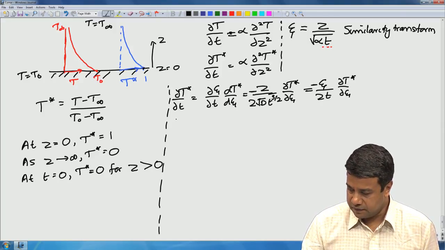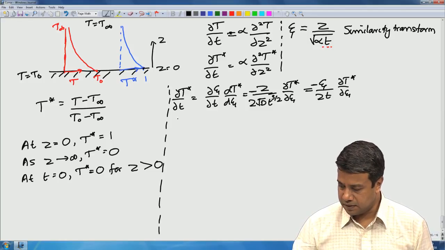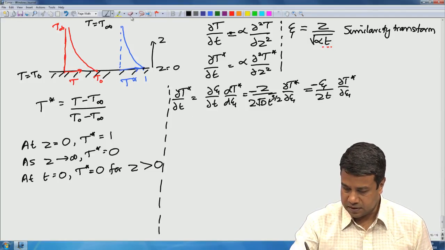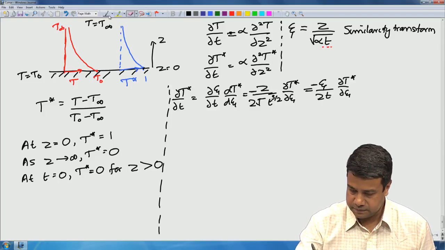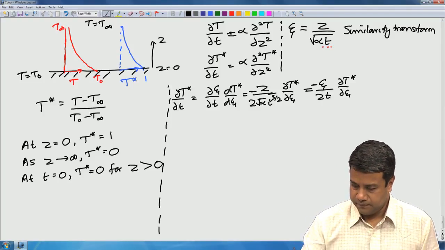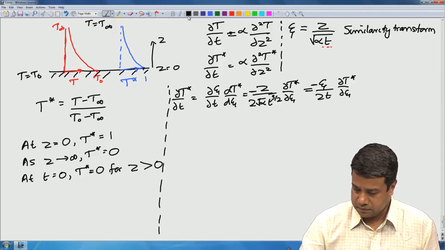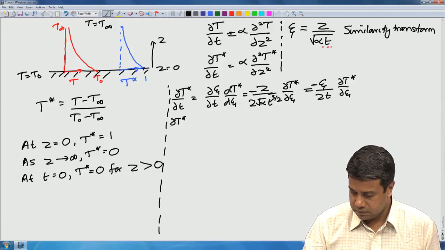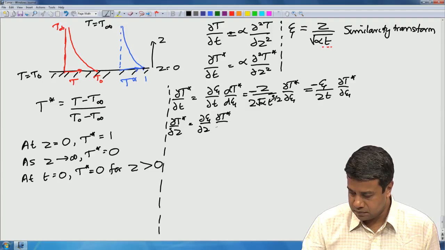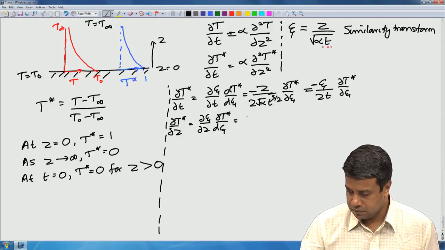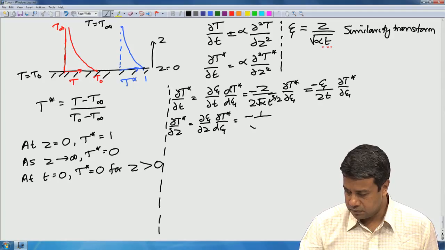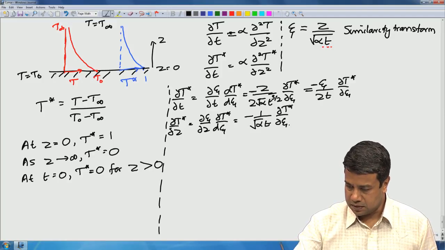The spatial derivative is going to be equal to, I should use alpha here instead of d. No negative sign here.